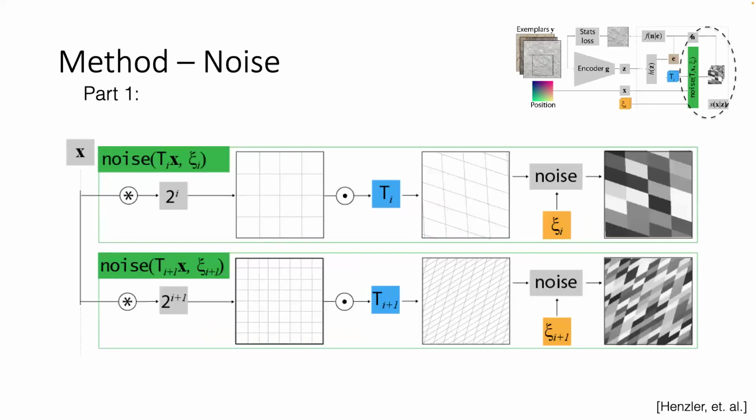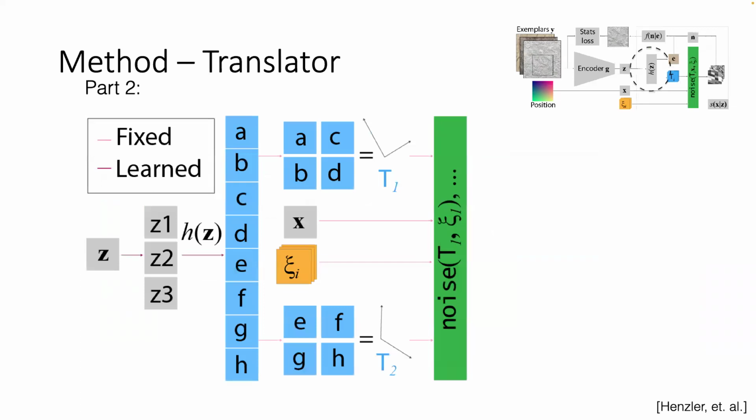And so the first part is this related to noises, this part here. And so you have the coordinates, and then you have a multi-resolution texture, and then you have these transformations to create textures with different warpings and things like that to synchronize things. And then you have noise, and then you have these parameters that are going to be learned. And then from here, you combine this with the translator that's in this H function. And so here you have the parameters that are fixed and the parameters that are learned, right?